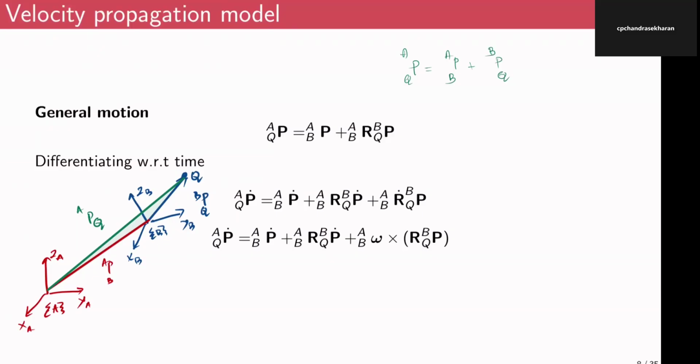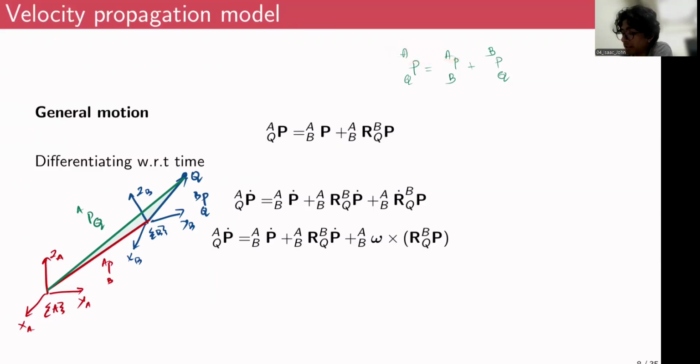But Sir, 1 minute, sir. Sir, Q is a point in B coordinates, no, sir? Yes, it's represented in B coordinates. Okay, sorry. So in that case, everything has to be referred with respect to a single frame.